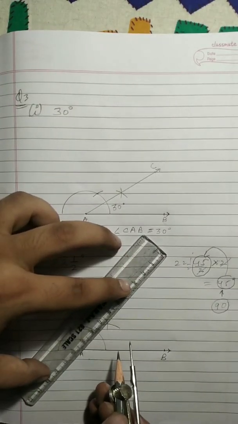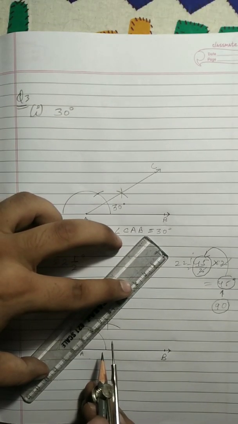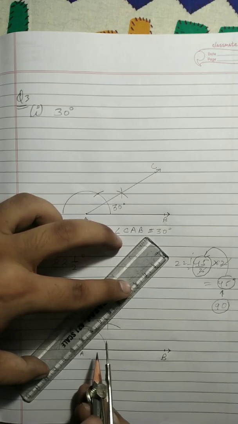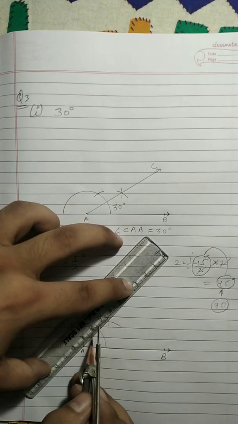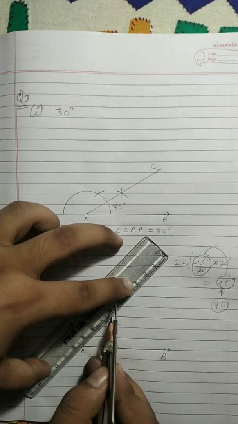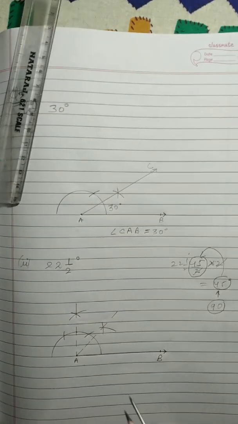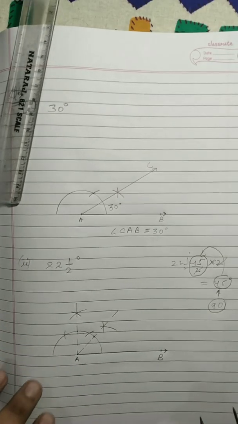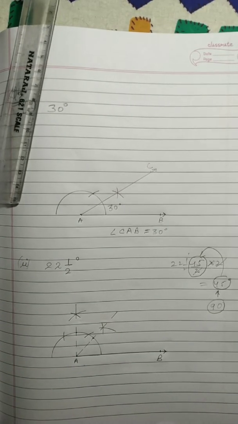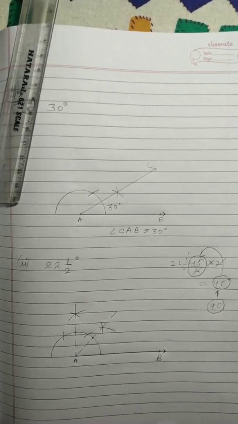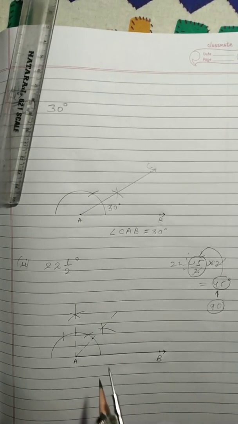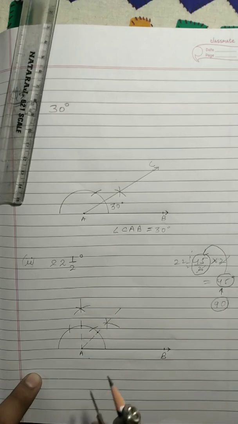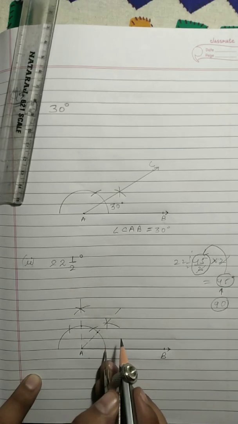So let us join this 45, again a dotted line, as this is not the angle which is required. So where 45 is intersecting this point, from 0 and 45 we can make further.